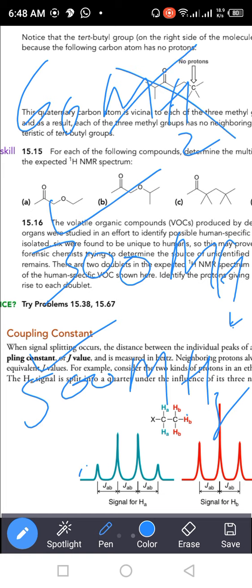In research work, 300 and 500 megahertz magnetic field strength is recommended for interpreting the coupling constant, because in 300 and 500 megahertz the peaks are not overlapped with each other and we can easily measure the coupling constant.